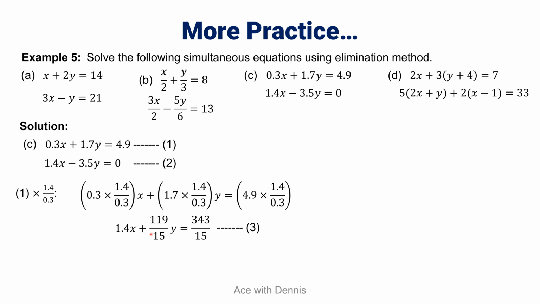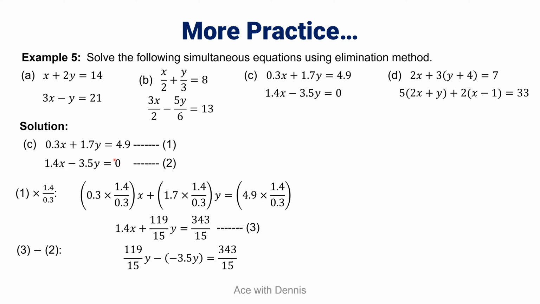Of course, you might tell me it looks very complicated with the fractions and the numbers are very big. Yes, it is, but you have to be careful. Then I take equation number 3 minus equation number 2. This is what I get: 1.4x minus 1.4x cancel each other. 119 over 15 minus negative 3.5y equals 343 over 15.